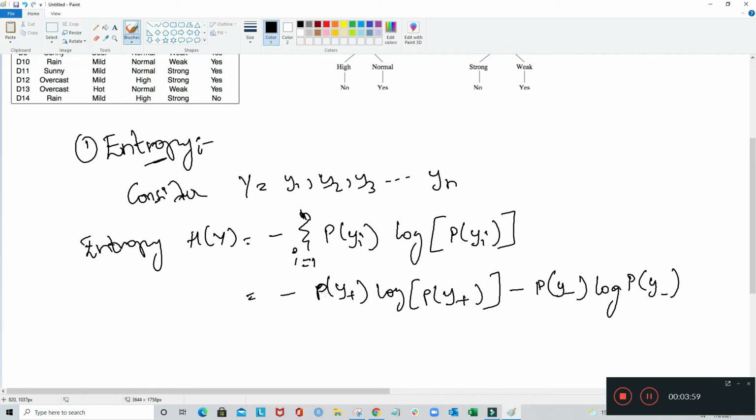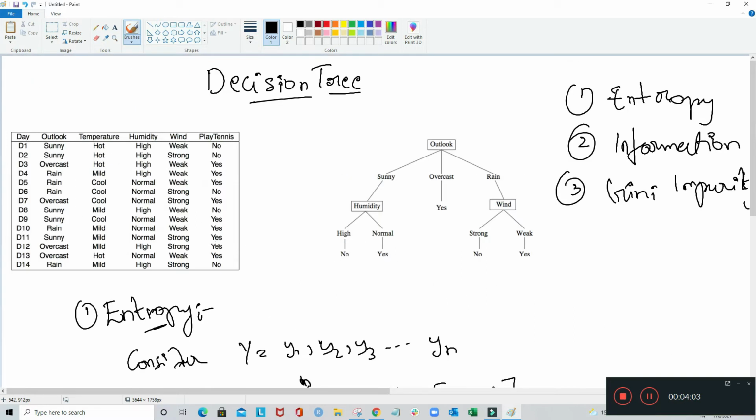What essentially it means is, for example, in my dataset there are 14 data points. Of these 14, my positive cases are 9 and my negative cases are 5.